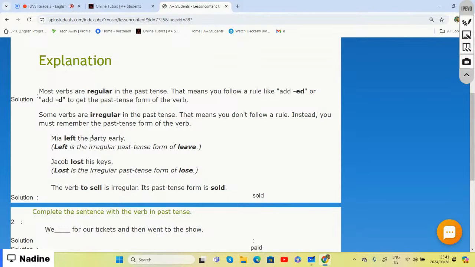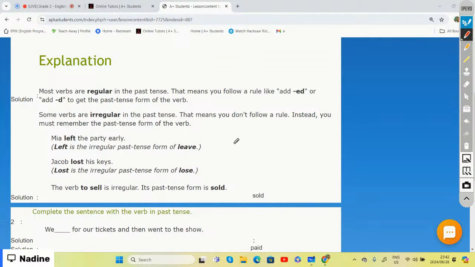Left is an irregular past tense, but if we look at what the present tense is of that word left, the present tense is to leave.